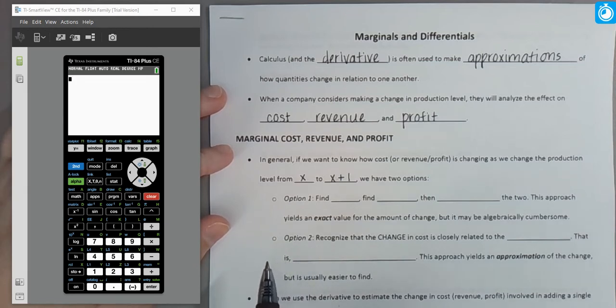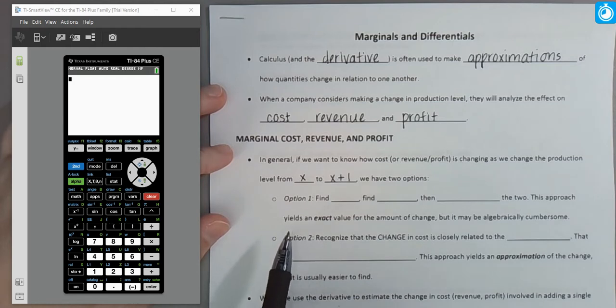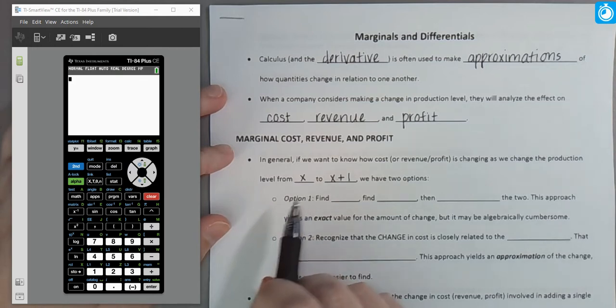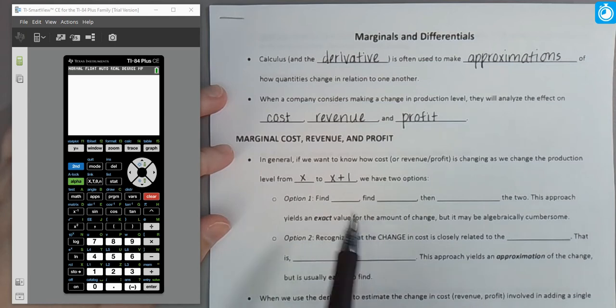So if we wanted to analyze what's going to happen to increase production by 1 unit, we have a couple of different options for how we would perform that analysis. So option 1, we'll just talk about cost, but keep in mind revenue, profit, same kind of thing.